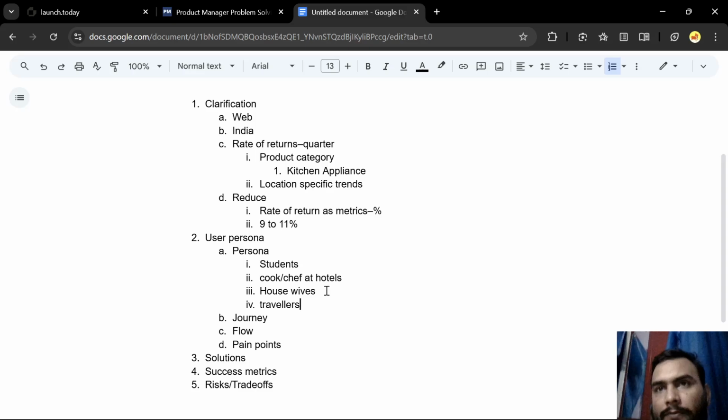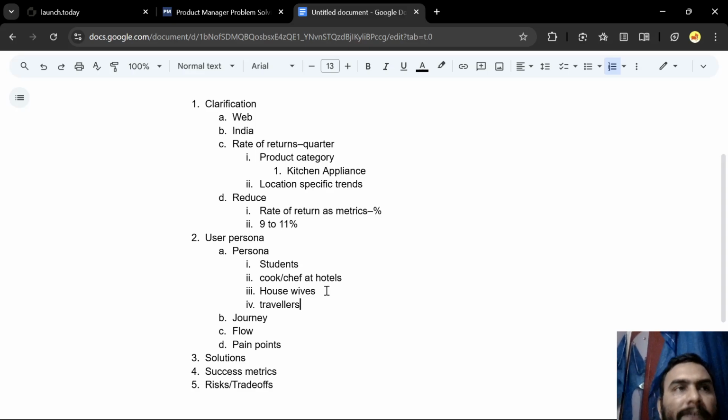And third is the housewives, including all the genders who work in the house kitchen. They are also a group who buy products at Amazon, and if they do not see a fit or find any quality issues, they are keen to return those.